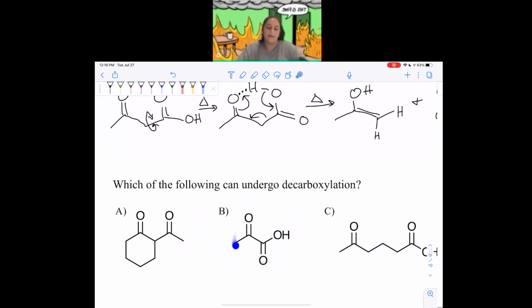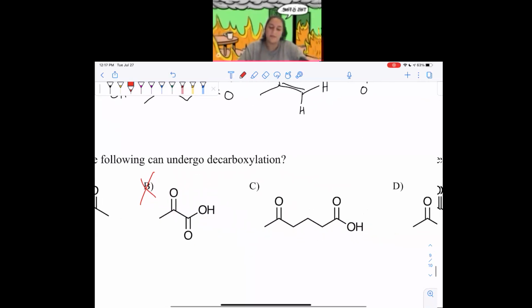How about these? No, they are not. They are right next to each other, so they're not beta. How about these ones? Are they beta to one another? No, they are not. They are much too far apart.